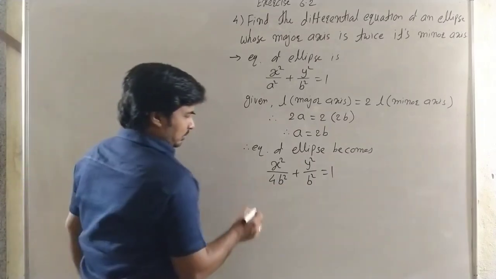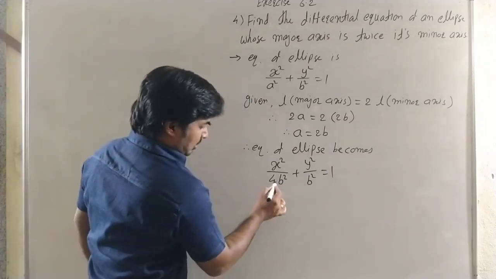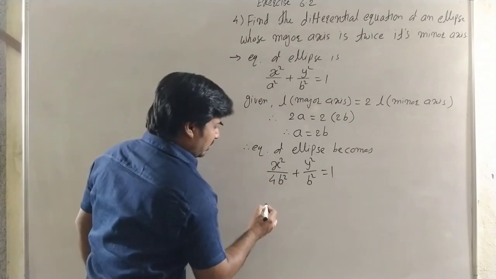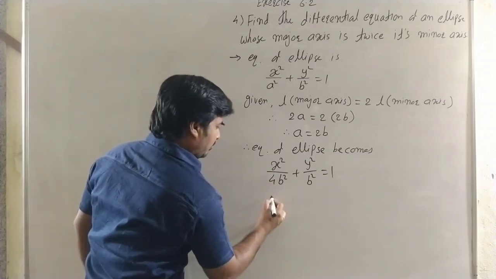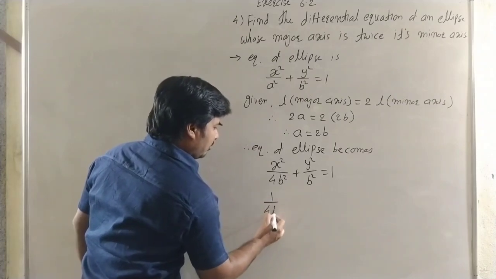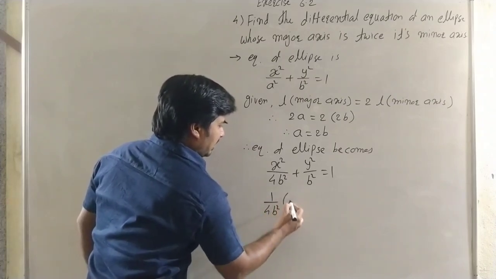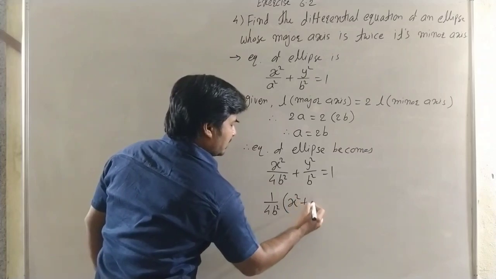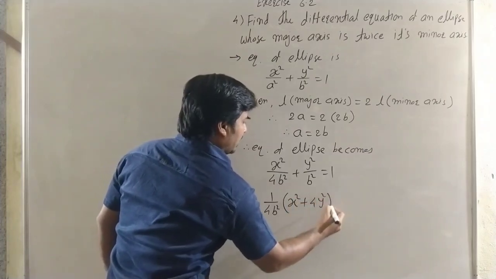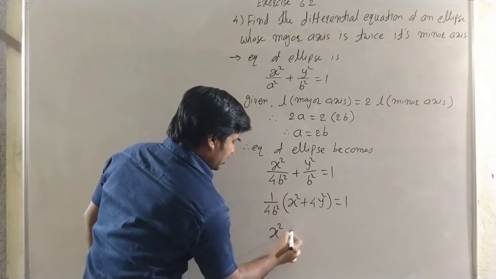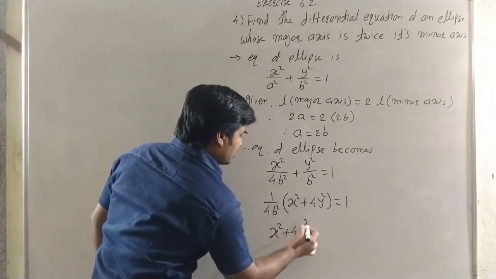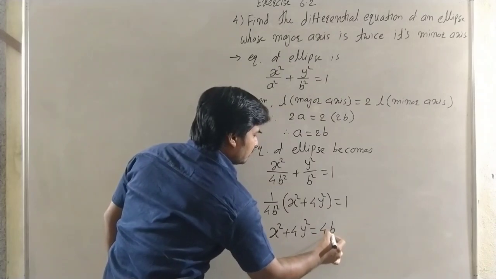Okay, therefore here we take 1 by 4b square common. Then x square plus 4y square is equal to 1, then x square plus 4y square is equal to 4b square.